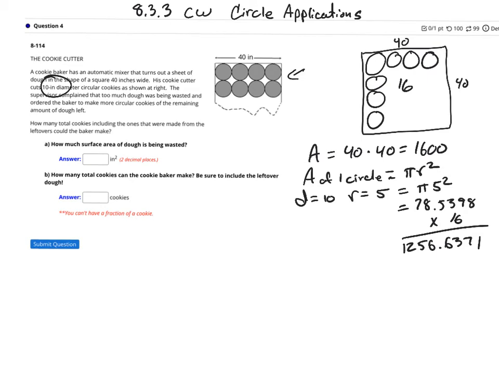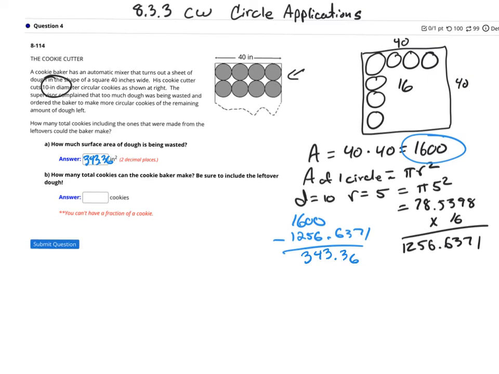I'm going to take the amount of dough that's in the square, 1600, subtract the amount of dough from the cookies, and when we do that, we're going to get an answer of 343.36. And that's how much dough is left over.